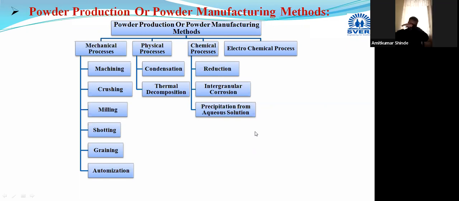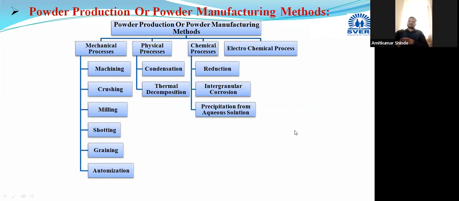Suppose we want to manufacture silver powder. Then in silver nitrate we add copper or iron, and that copper or iron will displace the silver from the aqueous solution.